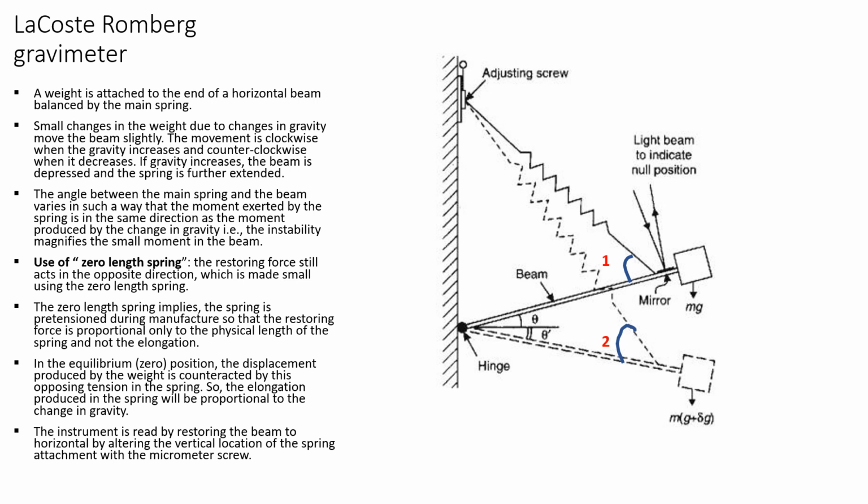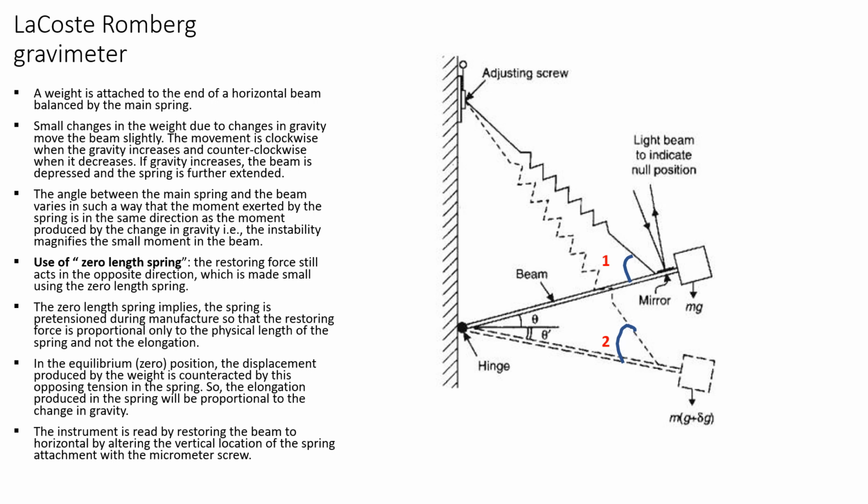But on the other hand, for the angle 1, the movement exerted by the spring on the beam is in the anti-clockwise direction. So the displacement produced by the small changes in the value of gravity is increased because of the torque or the turning movement exerted by the spring.